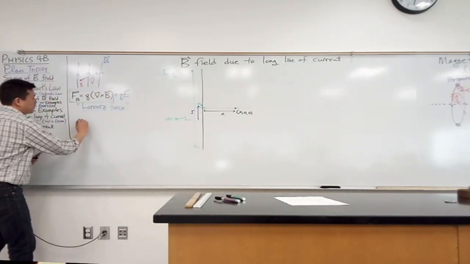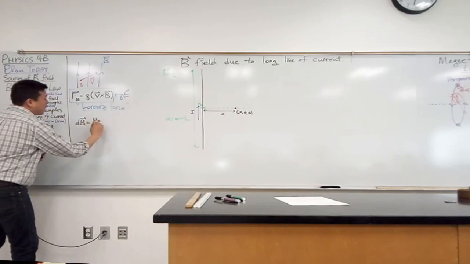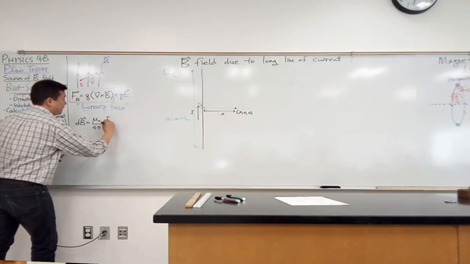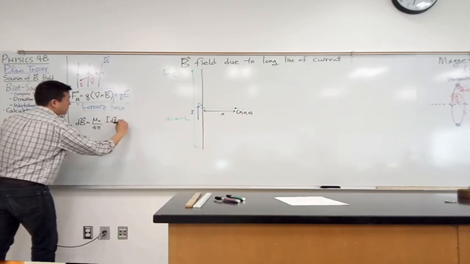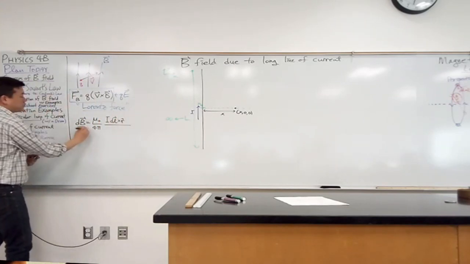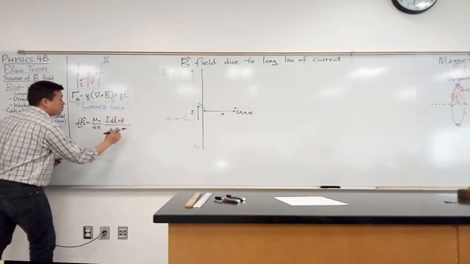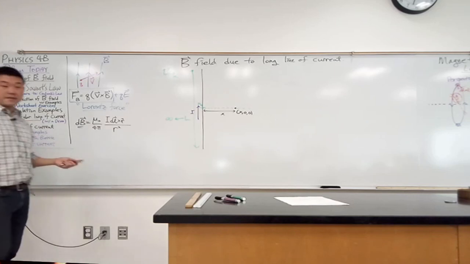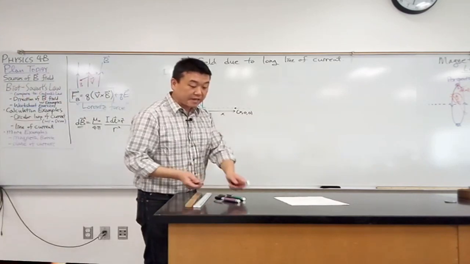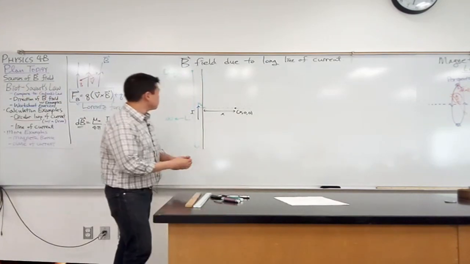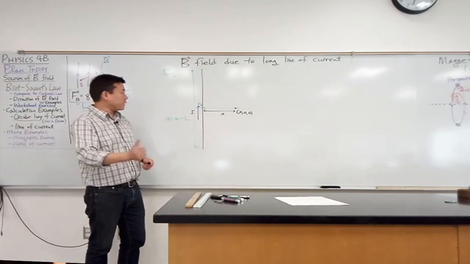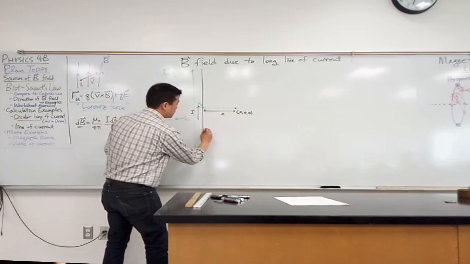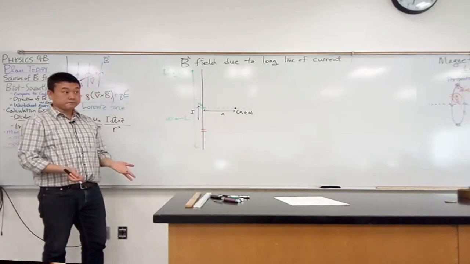The Biot-Savart Law tells me how I can deal with a small segment of the wire, I dl, and how to calculate the small contribution to the magnetic field due to this small segment. But it doesn't tell me the total magnetic field due to any large section of the wire. So what I do is imagine breaking it up into parts. So I am going to consider a small segment of wire here.